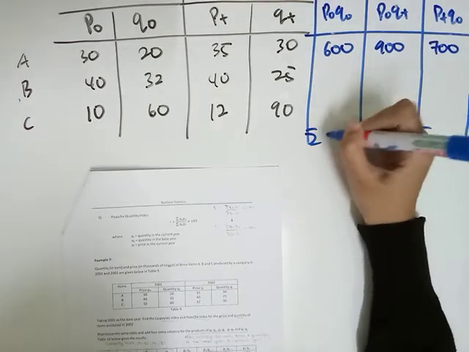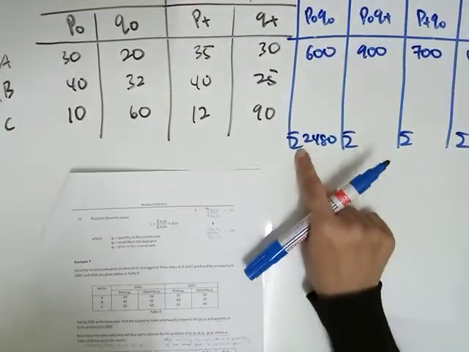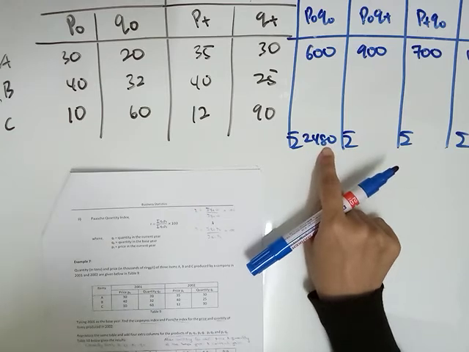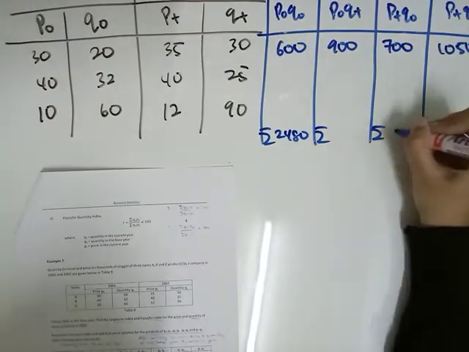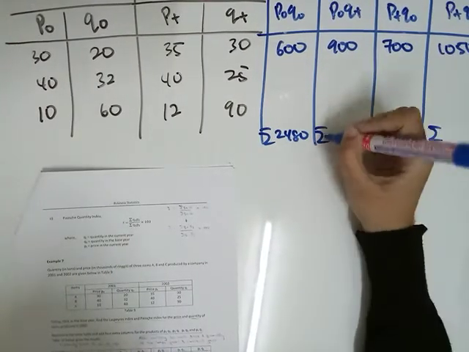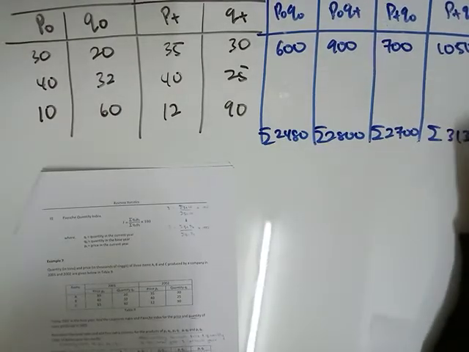For example, we have this one 2480. Sorry, 2480. And then PT Q naught 2700. This one 2800. This one 3130.